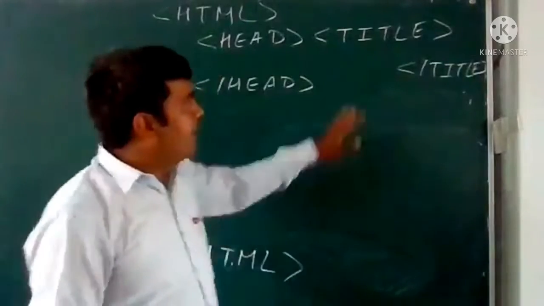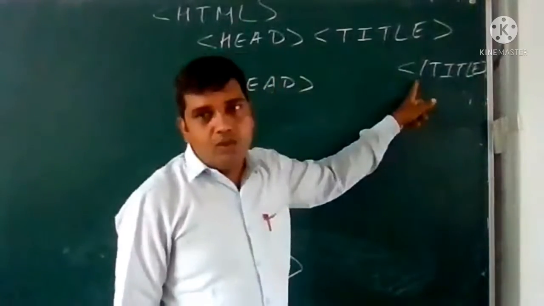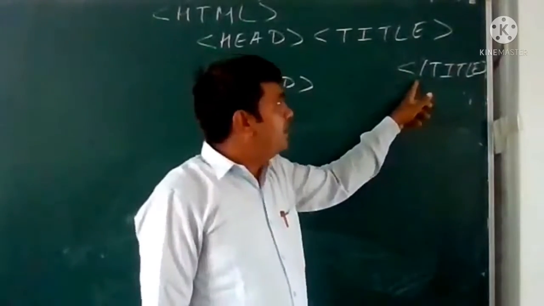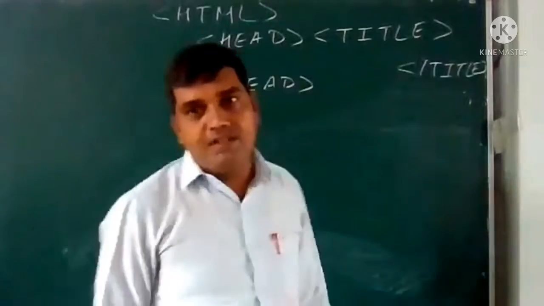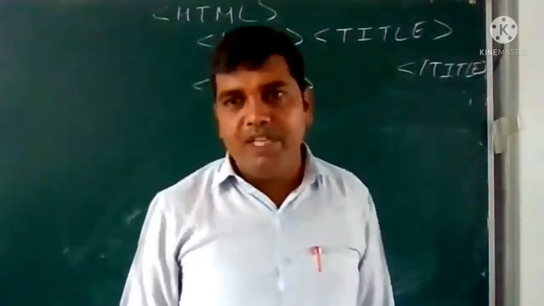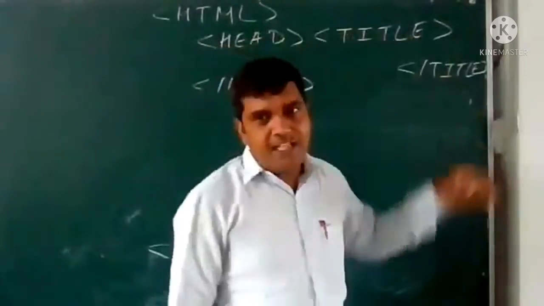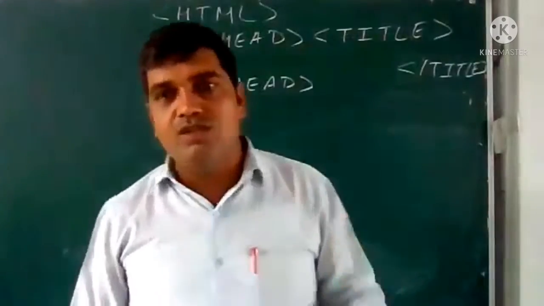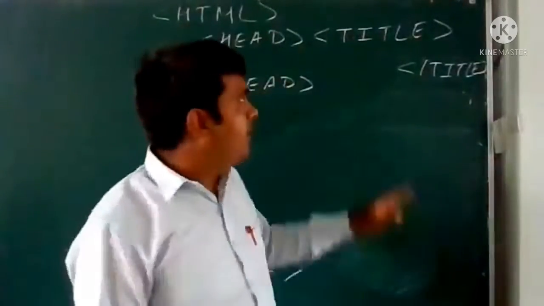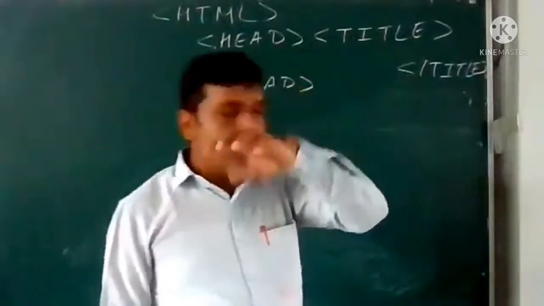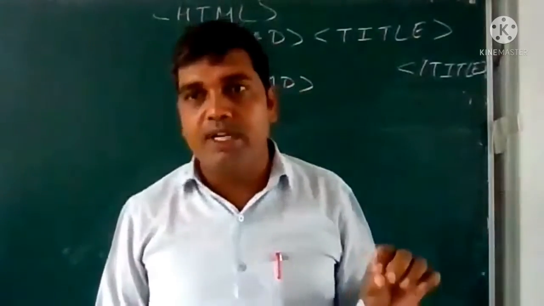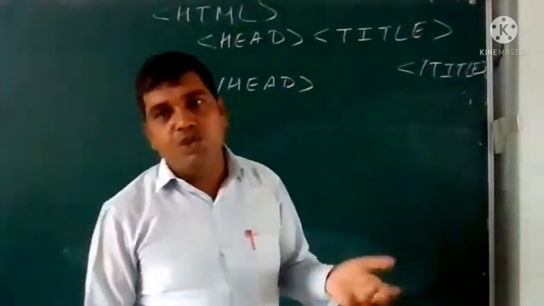Whatever we write inside this title open and close will appear at the title bar of the web page. What is the title bar of any web page? It is the topmost horizontal bar. In any application you open, whether Microsoft Word, Excel, or PowerPoint, at the topmost horizontal bar you see the close, minimize, and restore buttons, and the name of the application which you have opened.